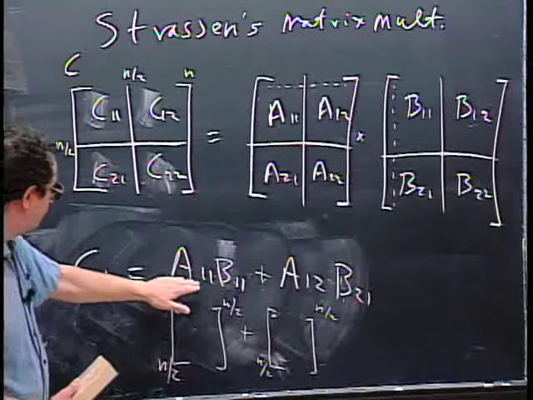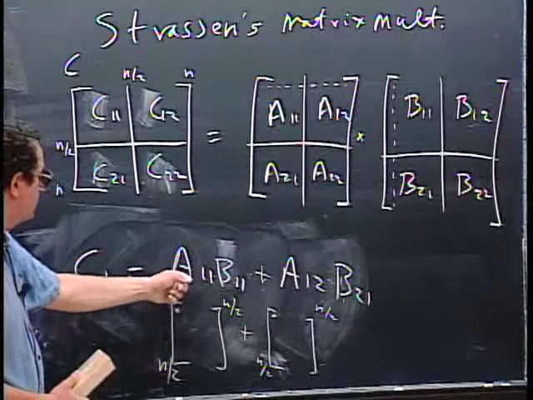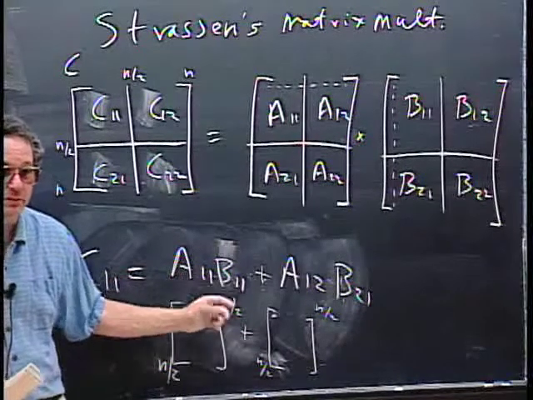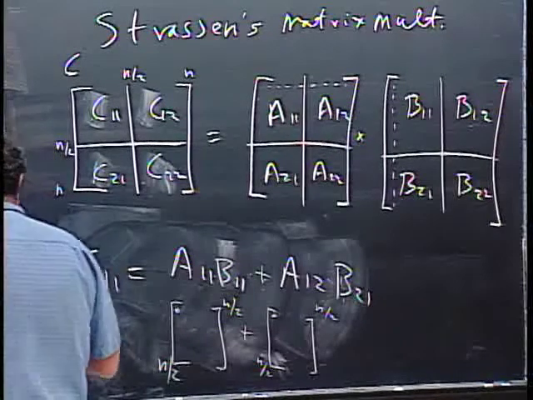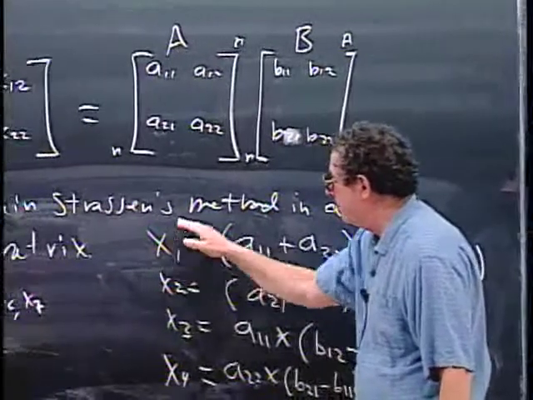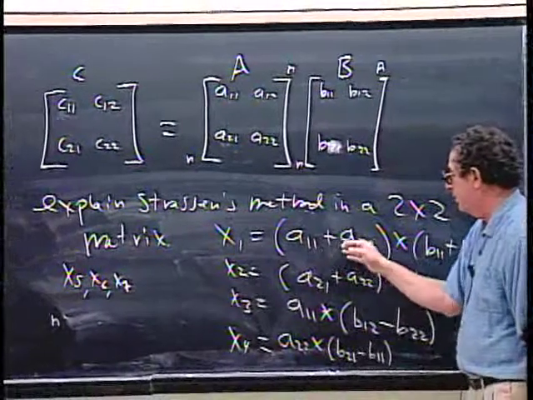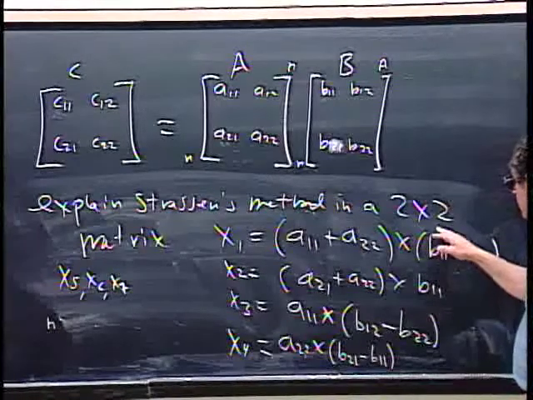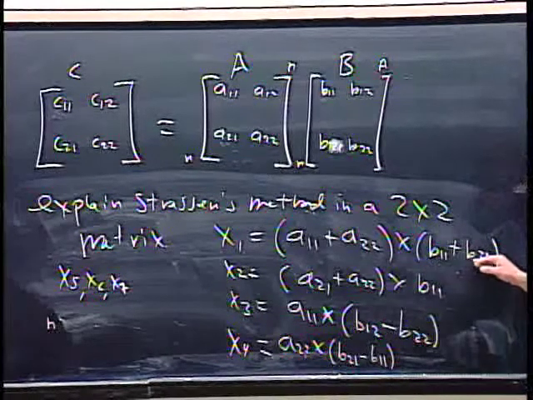So if you think of this capital A11 as the little a11 and the capital B11 as the little b11 and so on, then you can use the rules under Strassen to do these operations. So you would form now a submatrix X1, which is the submatrix capital A11 plus capital A22, multiplied by B11 added together with B22.